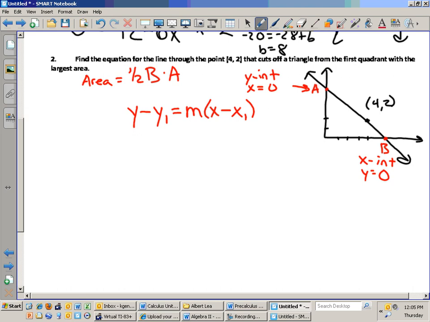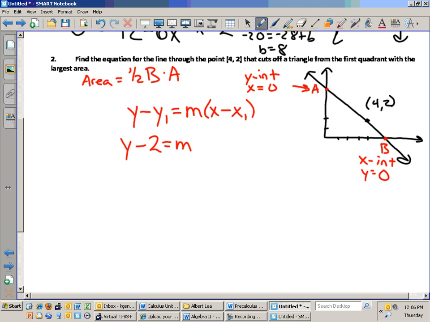Let's actually find the y-intercept. The y-intercept occurs where x is equal to 0. So I'm going to plug in everything that I can. y minus, what is y sub 1? 2 equals m times, x is 0, right?